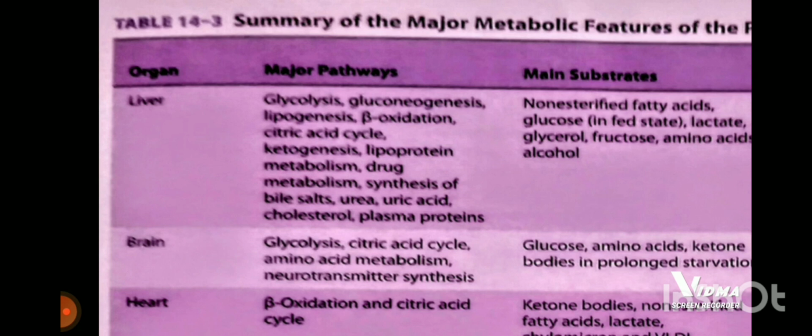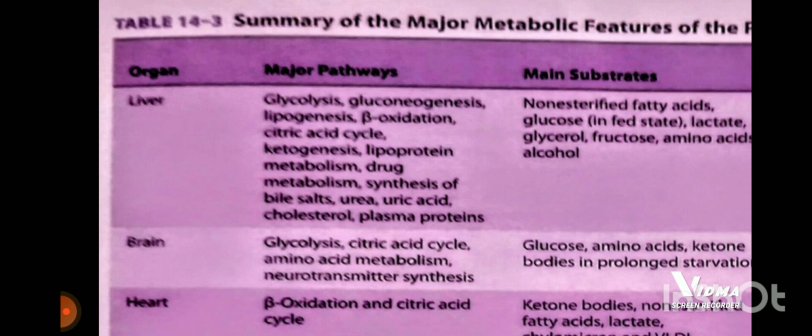In the first slide, we understood that there are interconnected cellular pathways, and they produce energy and provide it to the cell to carry out its functions and sustain life.